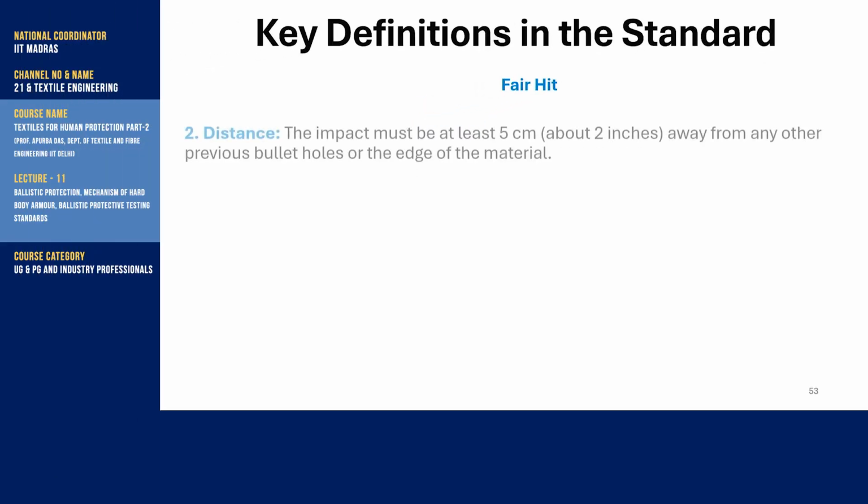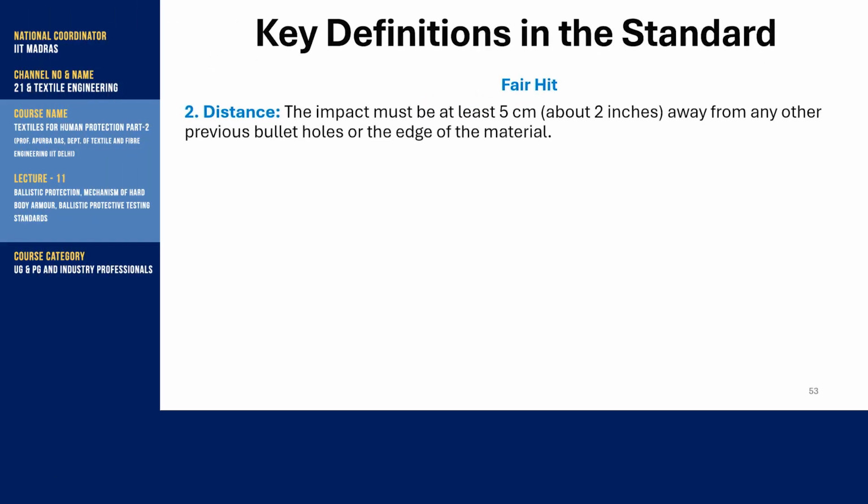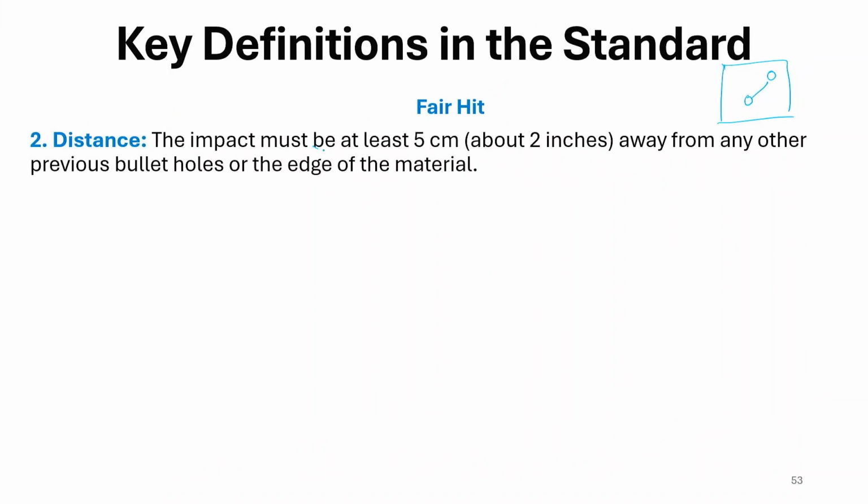Next for a fair hit is the distance. There is a specified distance between two hits. If one hit is in this place, the next hit should be at least 5 centimeters away.